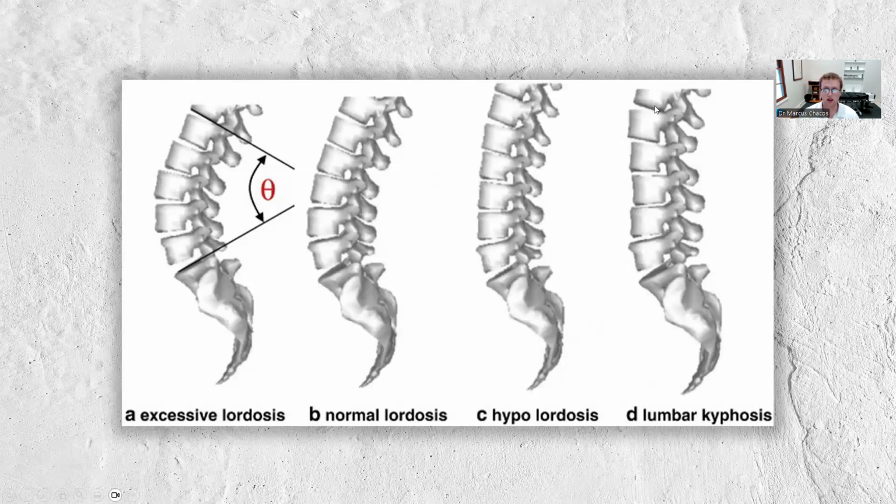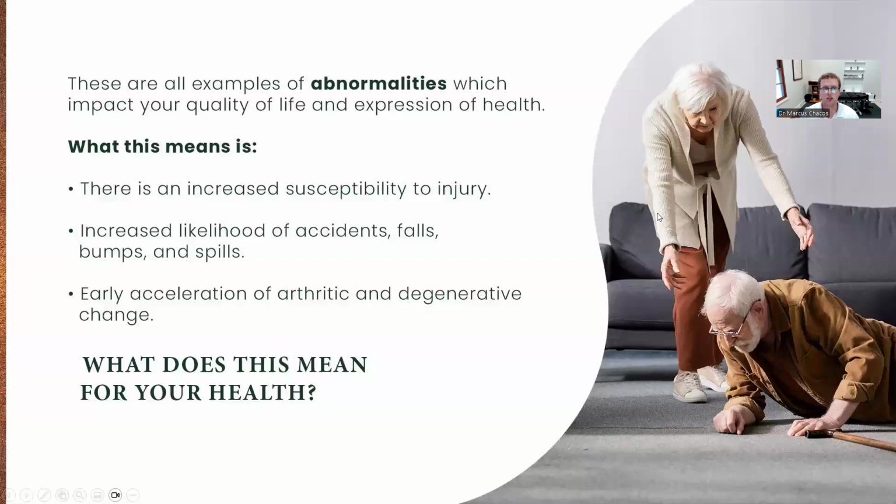Again, this is going to have a similar effect to the hypolordosis, where we're seeing the flattening, but it's worsening because it's starting to reverse in the opposite direction. So these are all examples of abnormalities which impact your quality of life and expression of health.